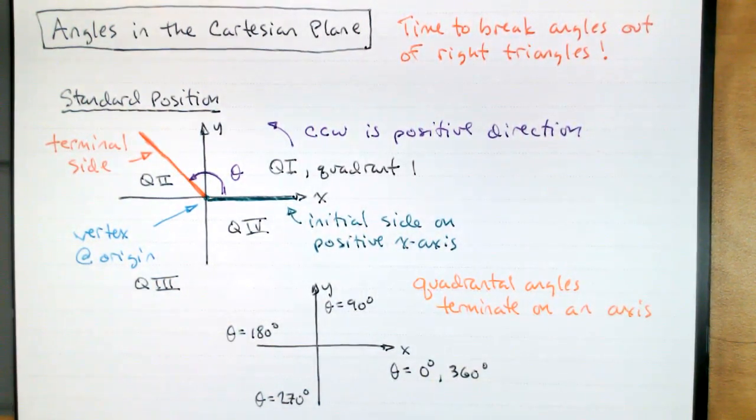Quadrantal angles terminate on an axis. Angles in standard position with the same terminal side are called coterminal angles.